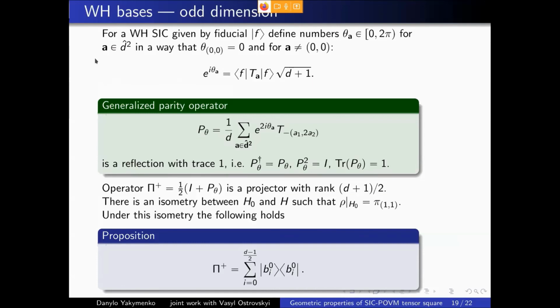One more thing is the notion of a generalized parity operator. It exists for any SIC.